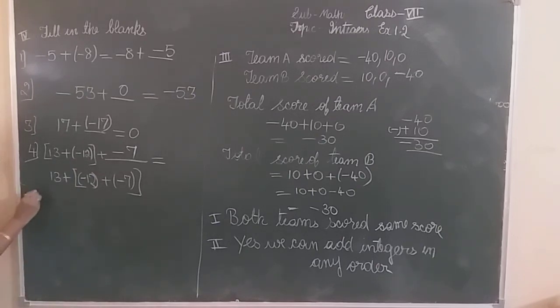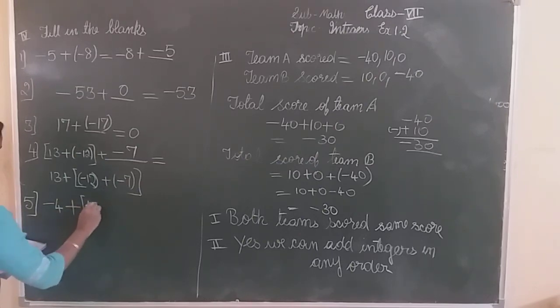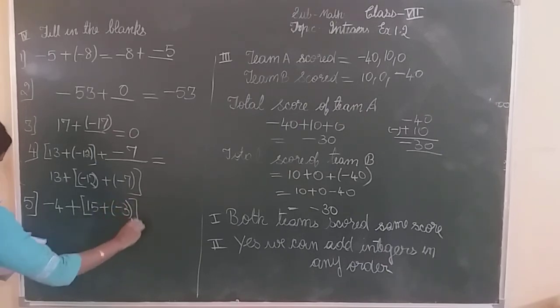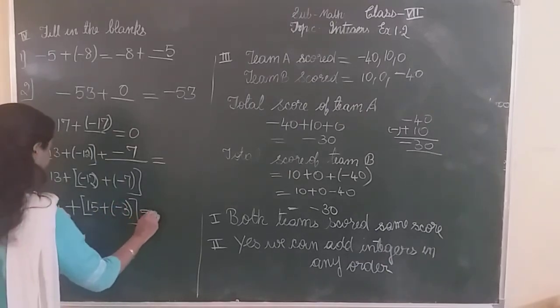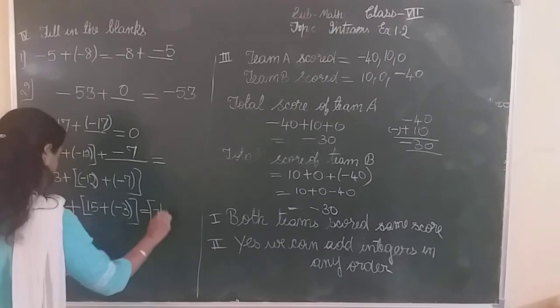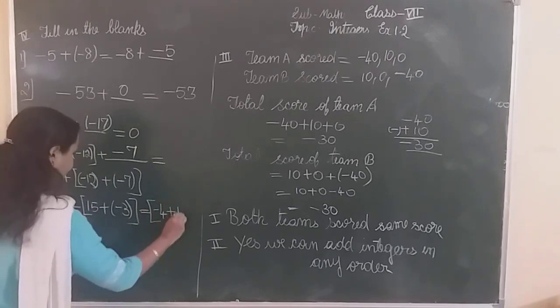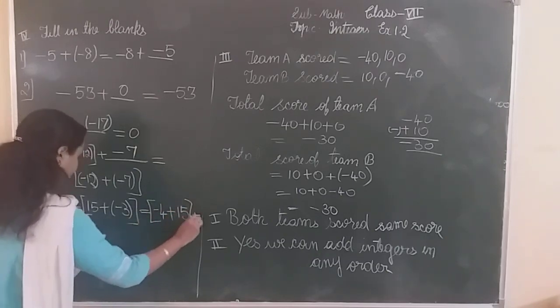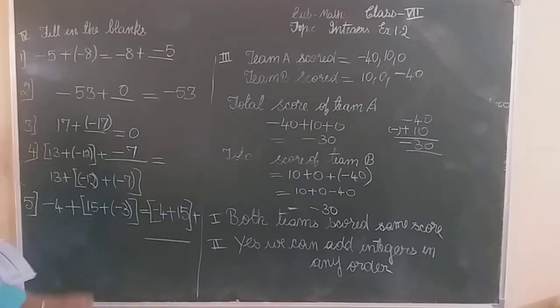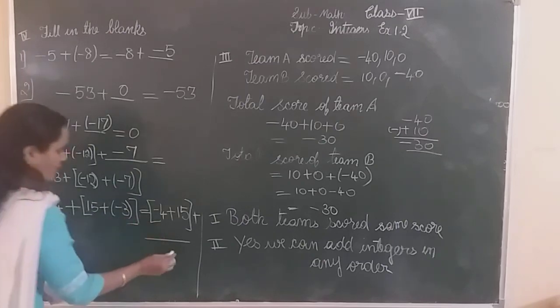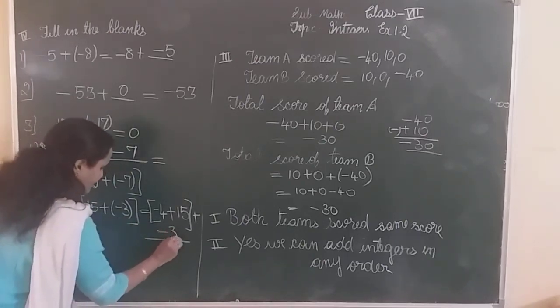The last one, minus 4 plus bracket 15 plus of minus 3 is equal to minus 4 plus 15 plus dash. Minus 4 you have, 15 you have, we have minus 3 here, but no minus 3 on the right. So the answer will be minus 3.